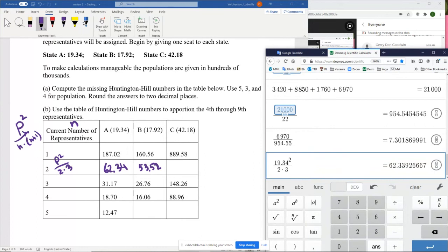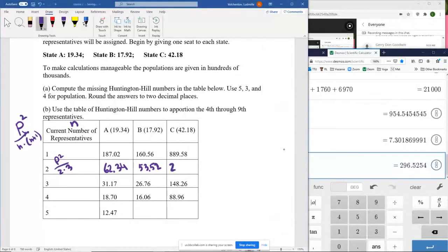Okay, and the last one is 42.18 squared divided by the same 2 and 3. So, and here we have 296.5255 is rounded up, so we have 3 here.